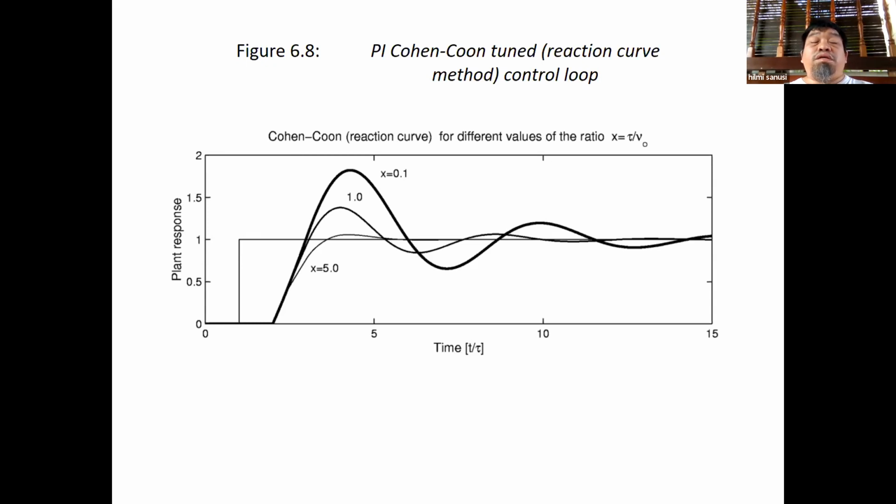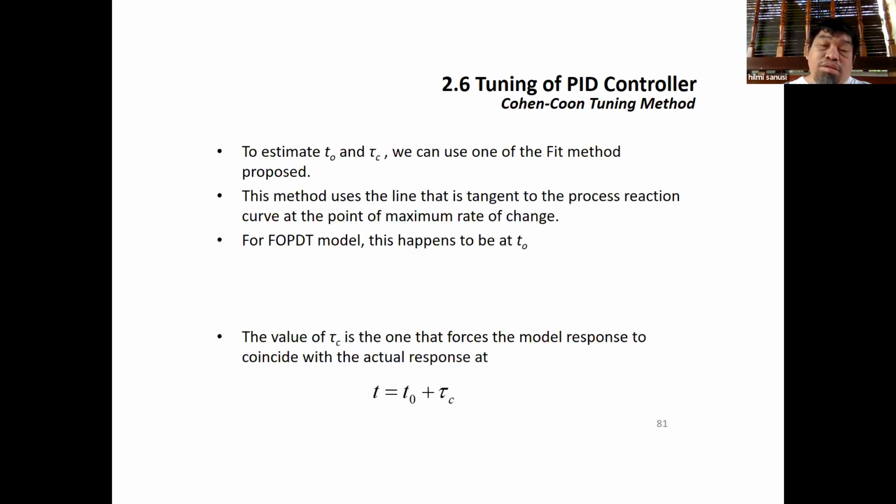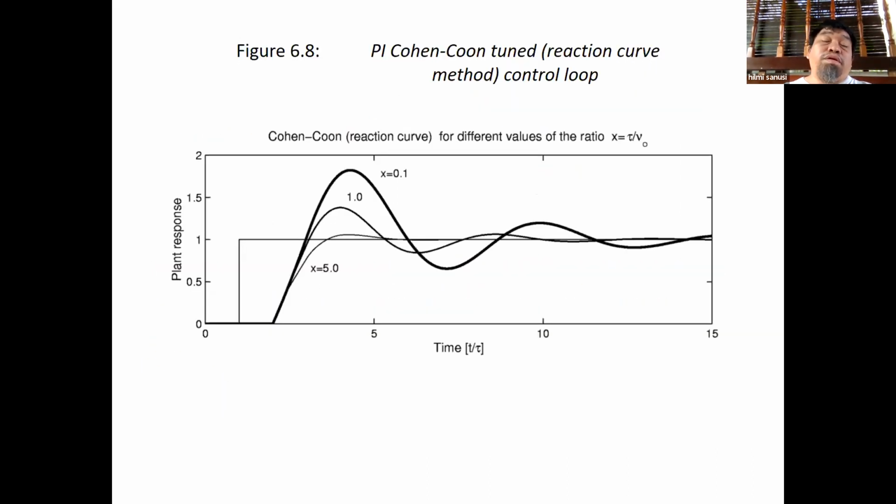Then you can see when the ratio of dead time dengan rise time is 0.5, then you have 1 dengan 0.1, dia tak bagi kesan sangat.